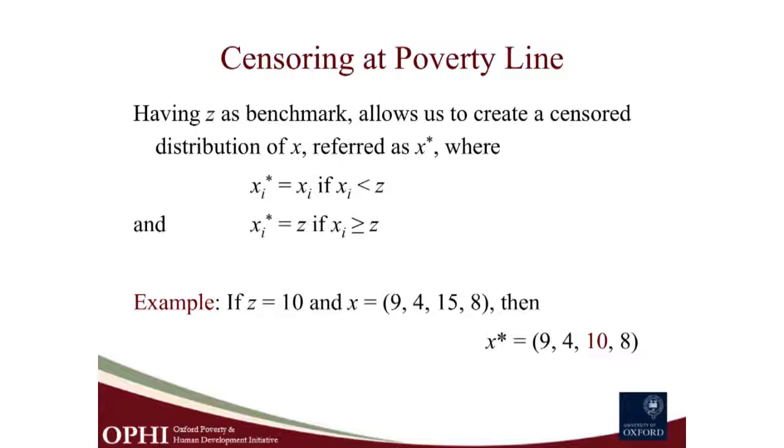However, we replace the income of this person by the poverty line. So X star will retain the incomes that are below the poverty line, but will replace the income that is above the poverty line by the poverty line itself. That is called censoring. That is the censored distribution, and we will visit it several times during the course of our sessions in the summer school.